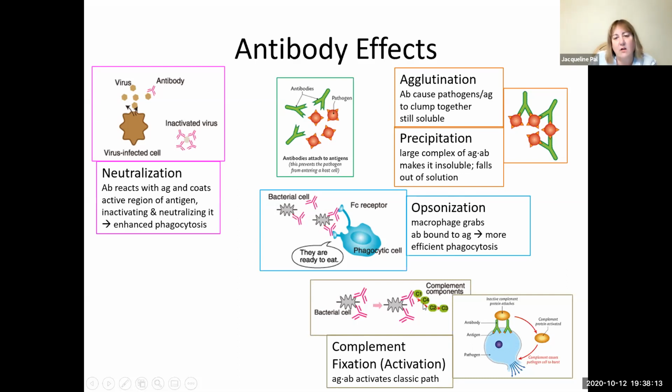And so we get the whole C1 to C2, the C4, blah, blah, blah. And then we get the C5, 6, 7, 8 membrane attack complex formed. And then the membrane attack complex is formed on the actual pathogen that the antigen was binding to the antibody. So it's right there next to it. And then it does the usual thing that you learned membrane attack complexes do. It's going to make holes in it, sodium and water are going to rush in, and it's going to burst and die.